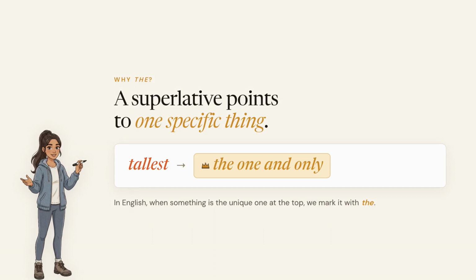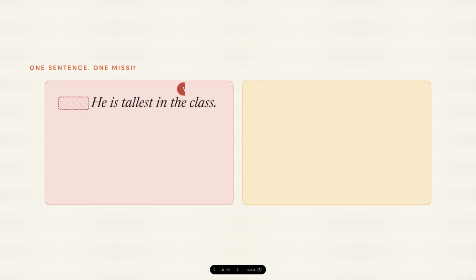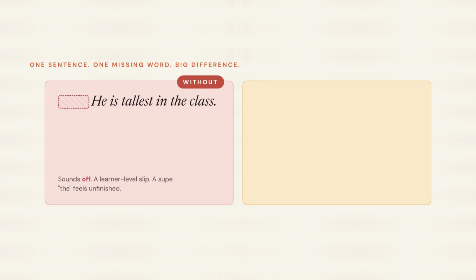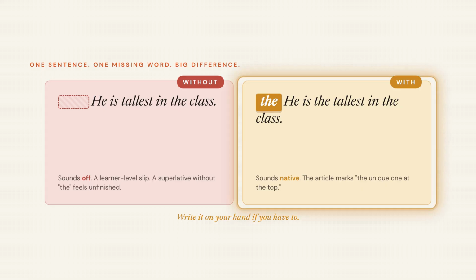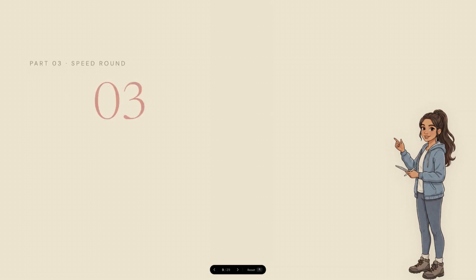And in English, when something is the one and only, we mark it with the. So you don't say he is tallest in the class. You say he is the tallest in the class. Write this on your hand if you have to. Superlative, add the. It's small, it's easy to drop, and dropping it is one of the fastest ways to sound like a learner.